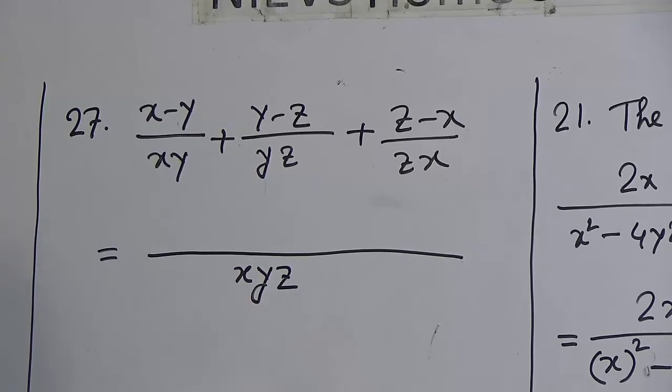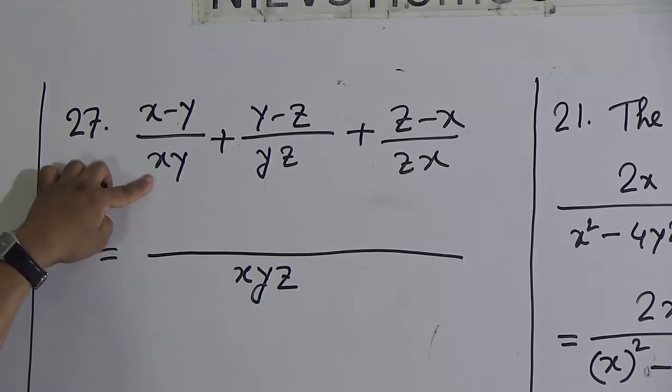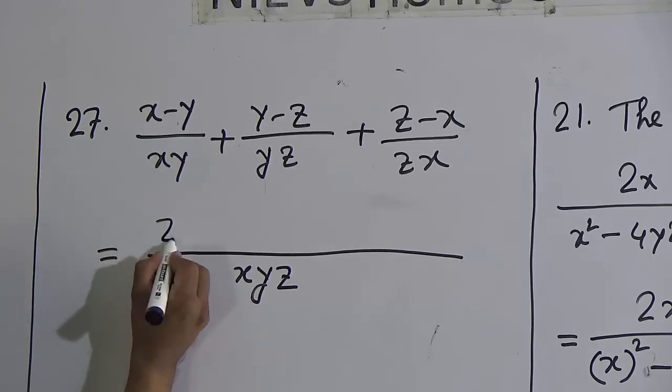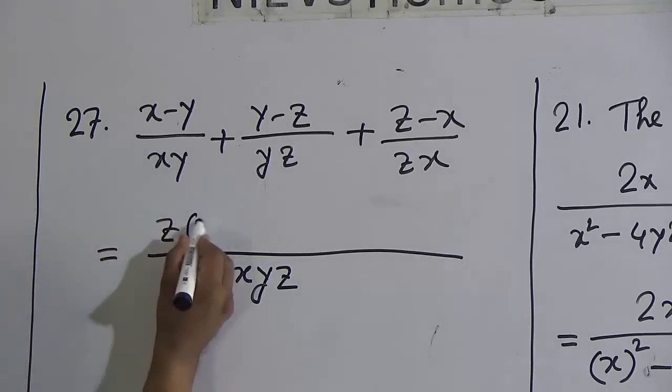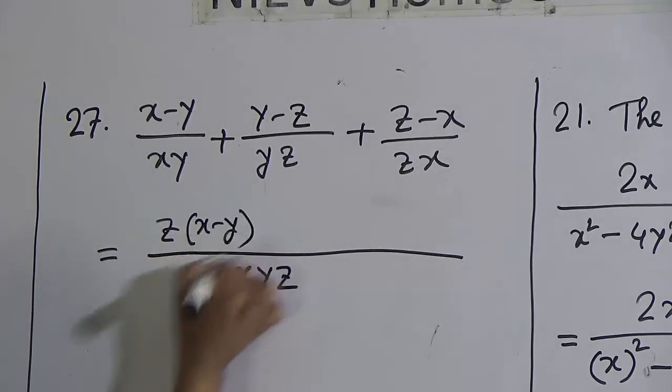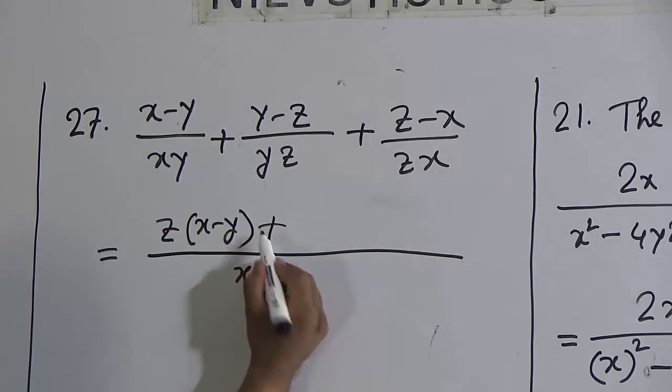Now what should I do? The process is the same. We need to divide this LCM by the first fraction's denominator, xy. If we divide by xy, x will be omitted, y will be omitted, so only z will be there. So z will be multiplied with the numerator x minus y. Then the plus sign will appear.